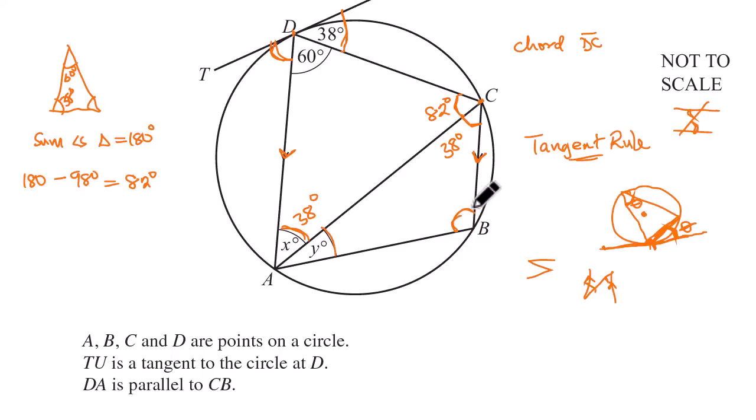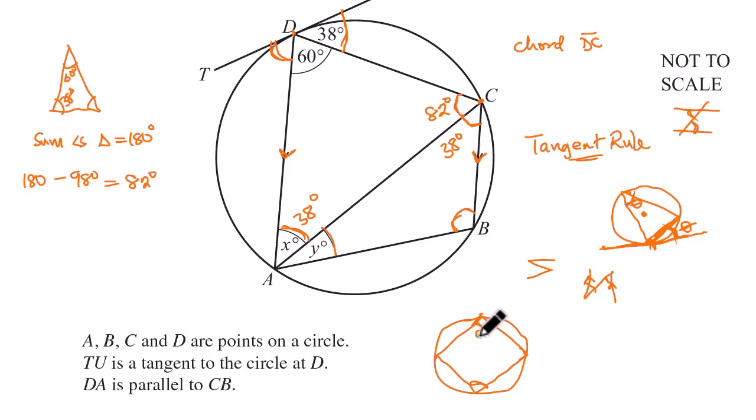There is one other principle I need to quickly tell you, and that is this simple theorem here. If you have a quadrilateral in a circle with all the points touching the circumference like this, the opposing angles are said to be supplementary.